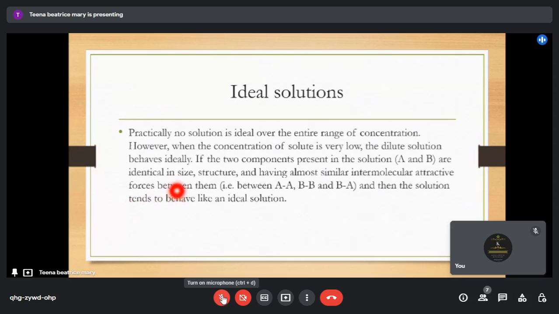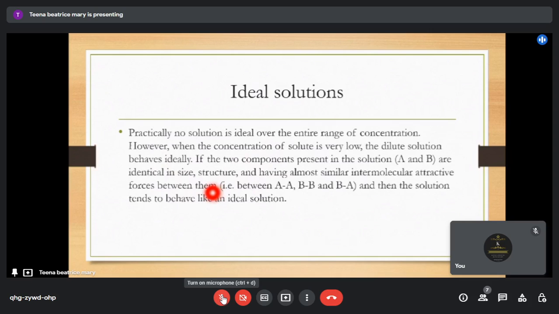So when the concentration of the solute is very low, the solution behaves like the solvent, and the dilute solution behaves ideally. Then the solution becomes an ideal solution. When does it become an ideal solution?